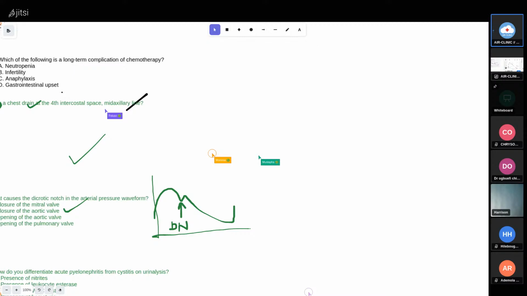What way will you differentiate cystitis from pyelonephritis when you do a urinalysis? What would you see that will make you consider a cystitis above a pyelonephritis?